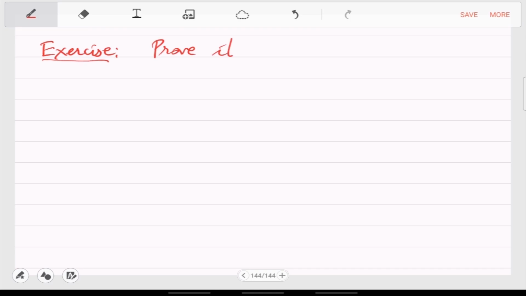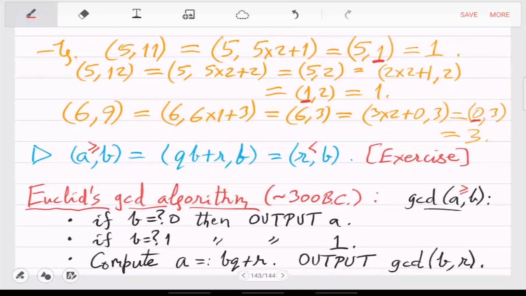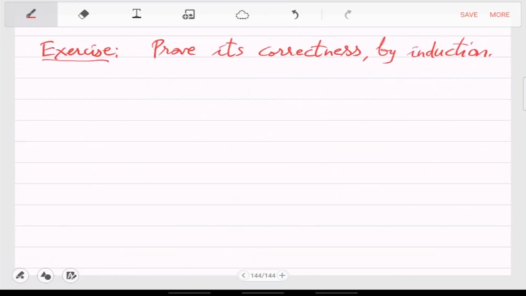So prove its correctness by induction. Is that clear? Okay, I guess we've seen enough examples, so I don't need to exemplify this. So let's move on.